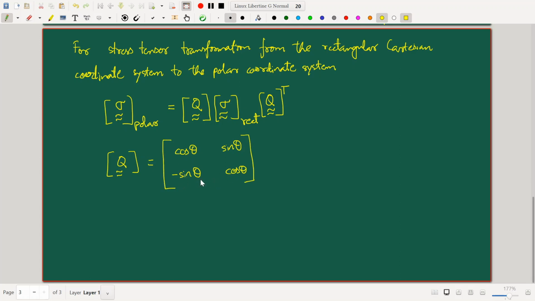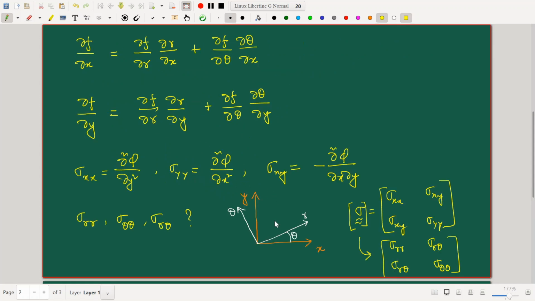So you can actually check this by quickly going back to the diagram that I had drawn earlier, and considering the angles that this r is making with the x and y. So the q11 term, that is the first row first column term, that is the cos of theta, and the q12 term is the cos of 90 degree minus theta, which is a sin theta.